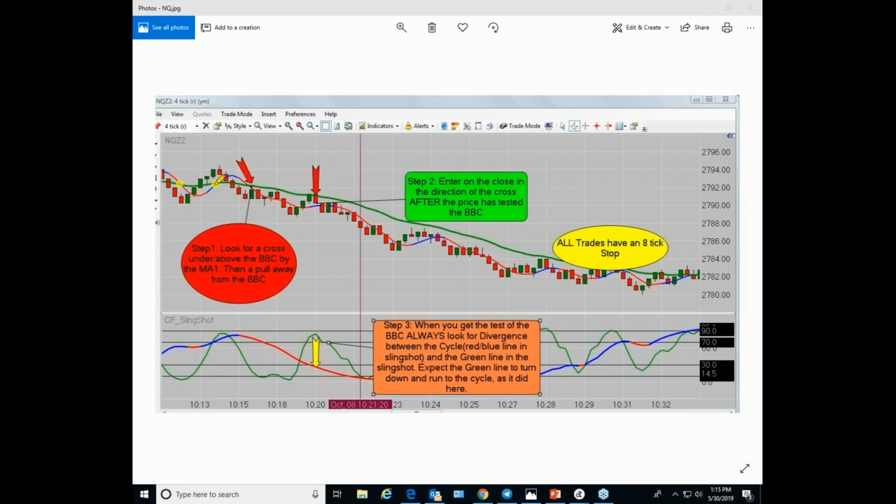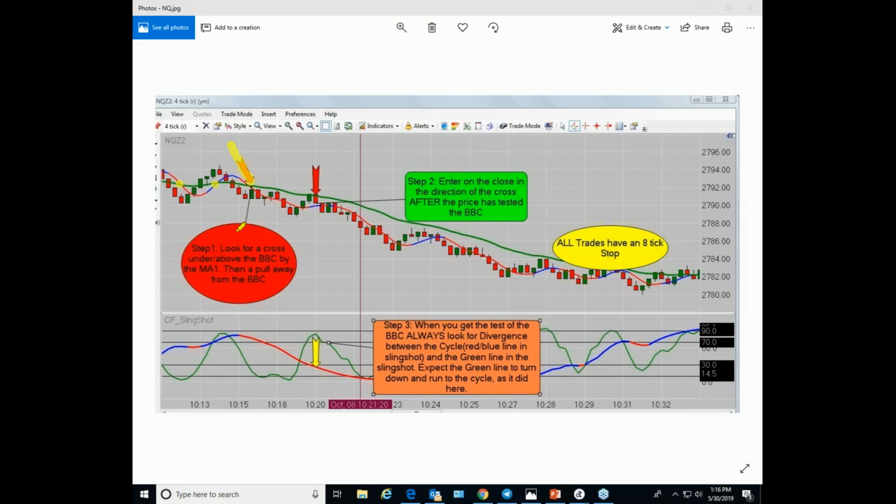If the MA1 is blue and crosses the BBC, that is a bullish cross. The one that's highlighted here is a bearish cross because the MA1 is red. That sets everything in motion. If I get the bearish cross, I'm looking for shorting opportunities. If I get the bullish cross, where the MA1 is blue, I'm going to be looking for bullish opportunities.